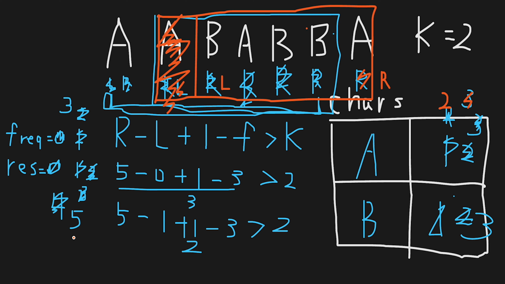So that's why 5 is the return value, the longest substring. Yeah, that is the basic idea. It's a long explanation, but I hope you understand the concept to solve this question. And the time complexity is order of n, because I iterate through all characters one by one. So with that being said, let's jump into the code.